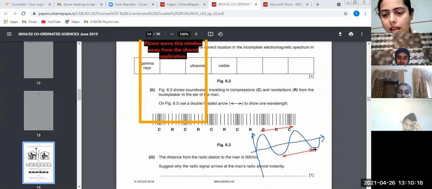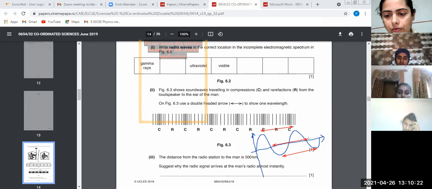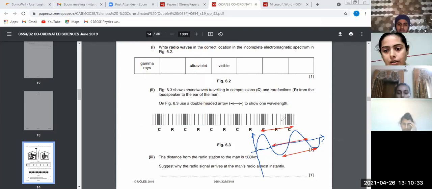Now your options are: this is A, this is B, this is C, and option D is all of the above.